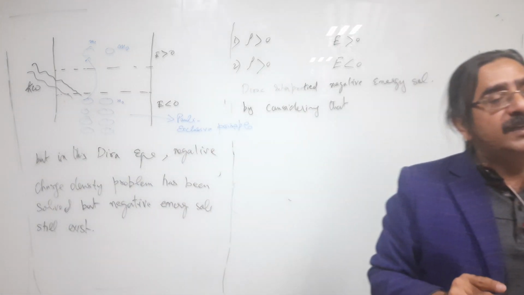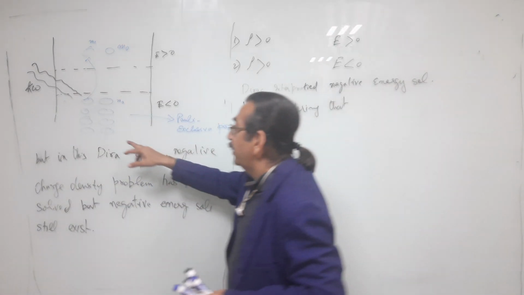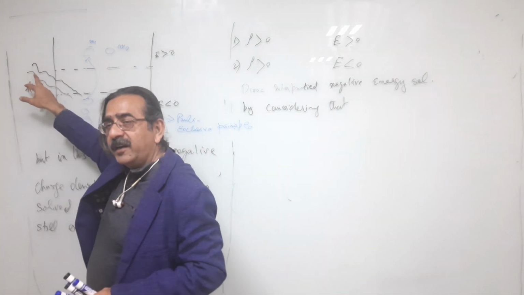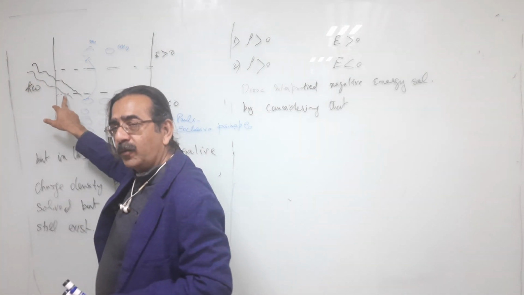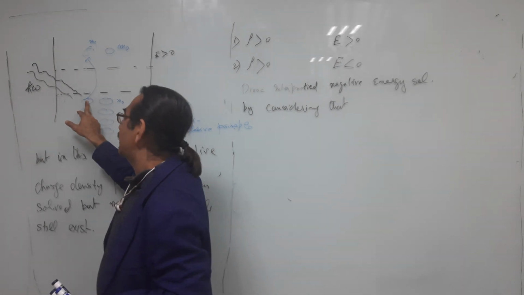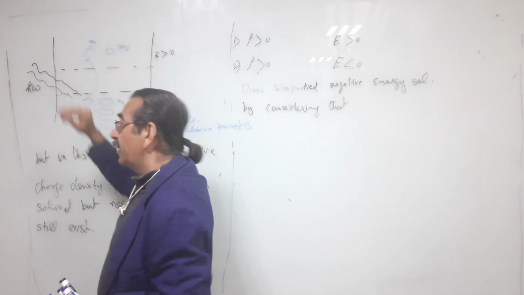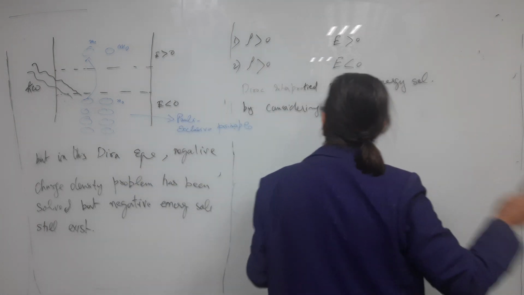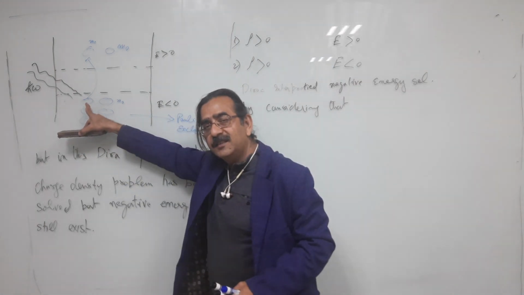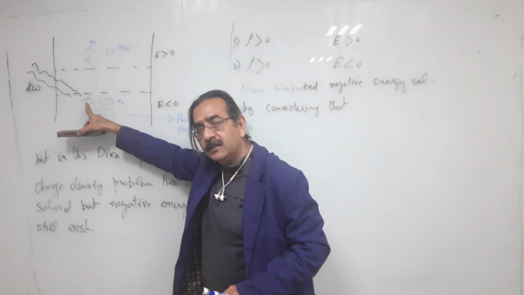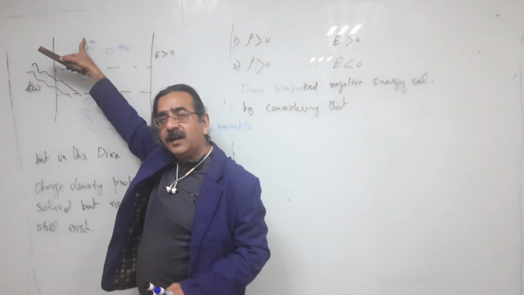That is the only possibility. If the energy is provided by electromagnetic form, this will eject this electron across this energy difference. The electron is removed from here and goes there.